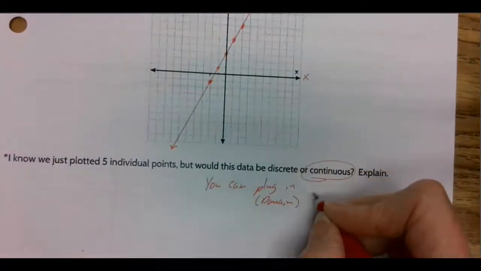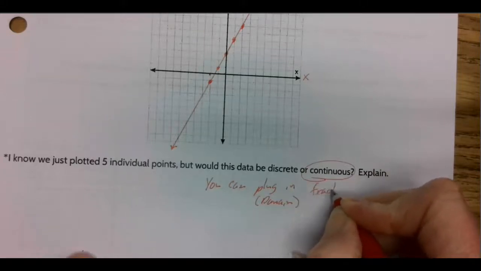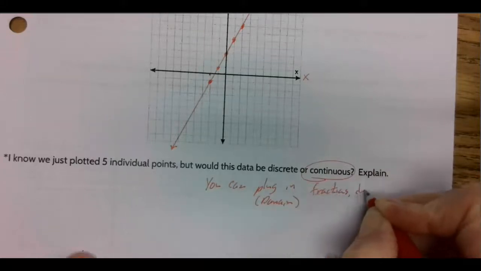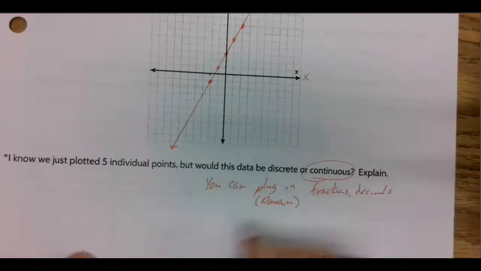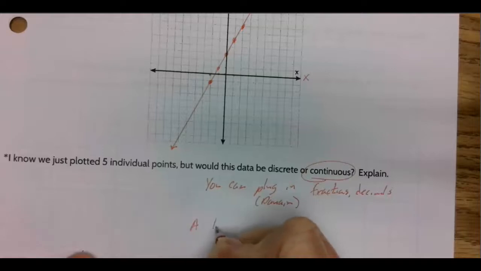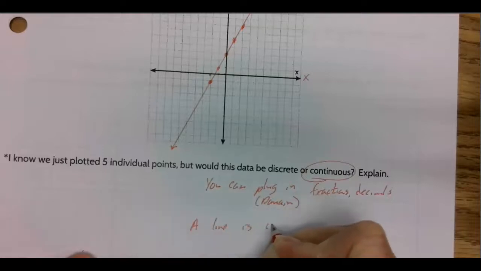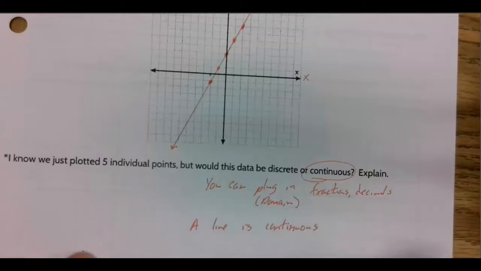The other reason is because a line is continuous. It goes forever and ever in two directions. Continuous. Okay? So, let's go to the back.